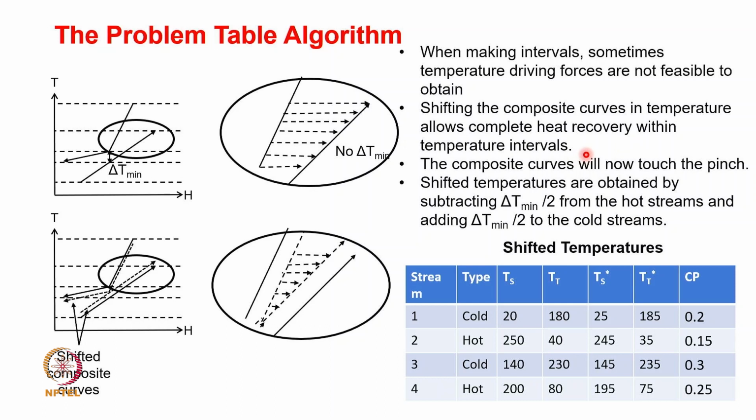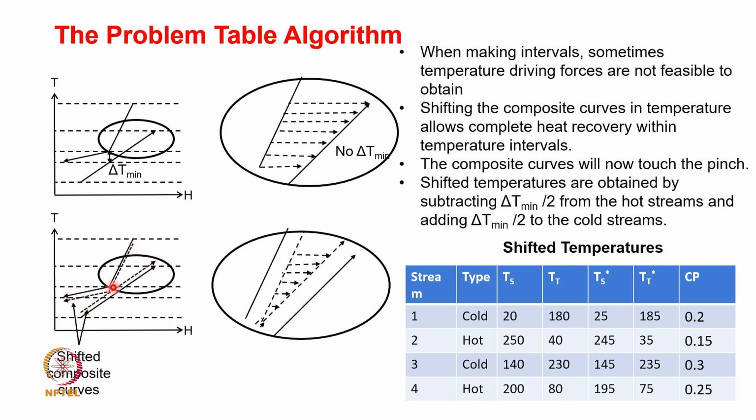Please mind that this is just a coordinate transformation and has no bearing on the results that we get. Why are we saying this? Because even if you make the composite curves come together, the overall coverage still remains the same.